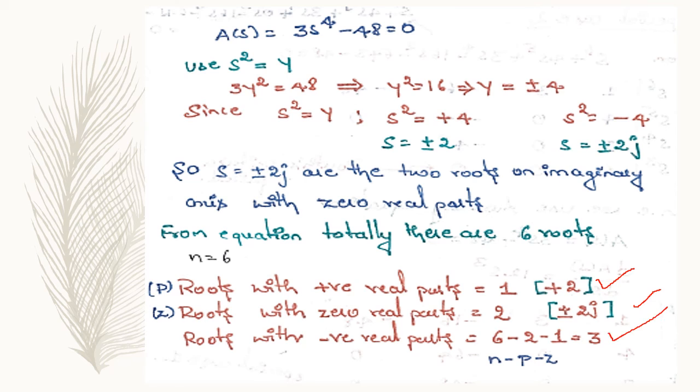Then we have the other two roots. So there are totally 6 roots, because s to the power of 6 is the function. So we have plus and minus 2 as real roots, and we have 2 imaginary or complex roots, but both are not repeated roots. Since they are not repeated roots, the system is in the direction of stable.